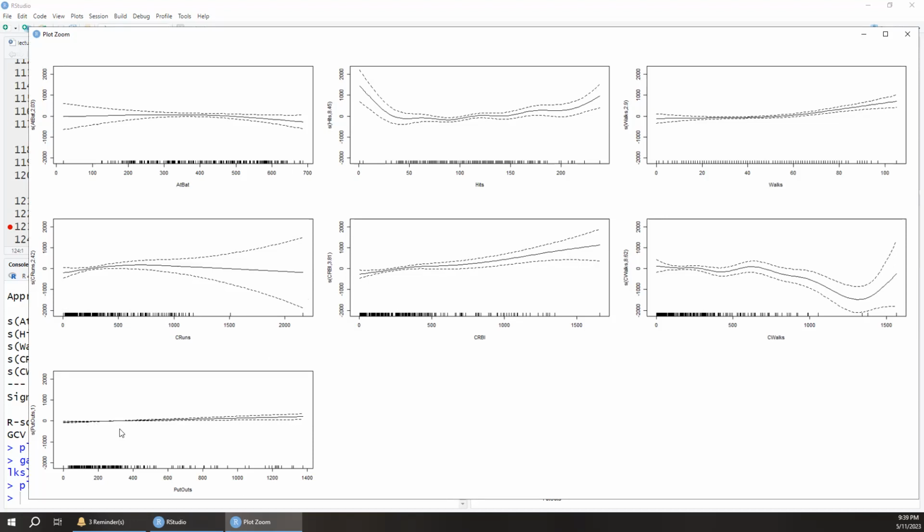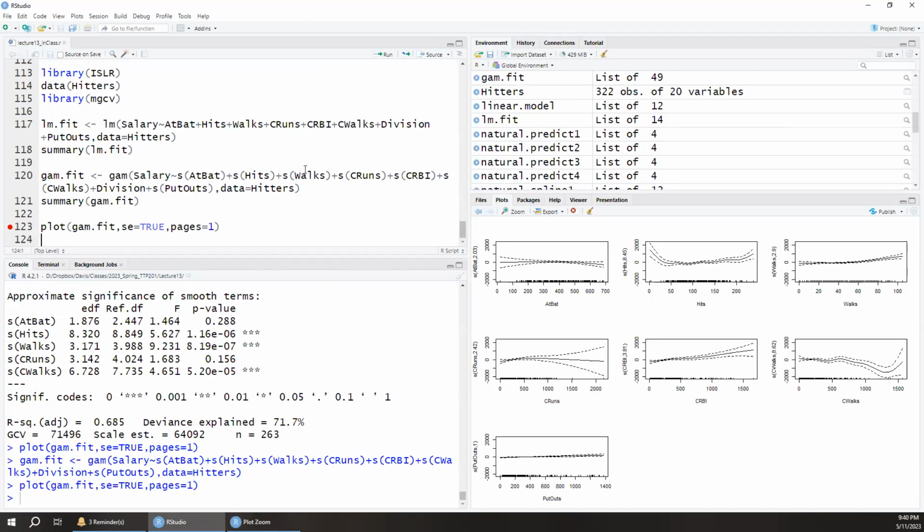And so what I had done originally in diagnosing this model and figuring out what to do is just check it with the smoothing splines. And if it looks fairly straight, right, fairly linear, you say, okay, well, linearity is probably a safe assumption. And so I'm just going to go ahead and get rid of those smoothing splines.